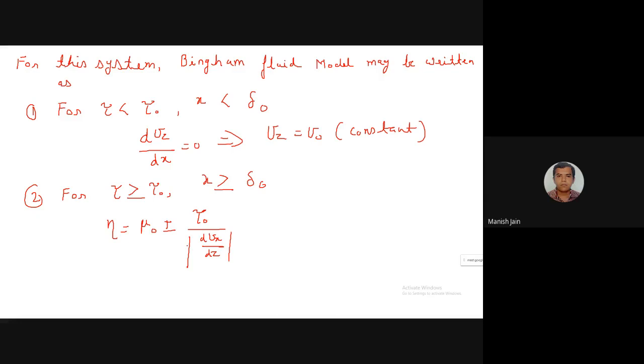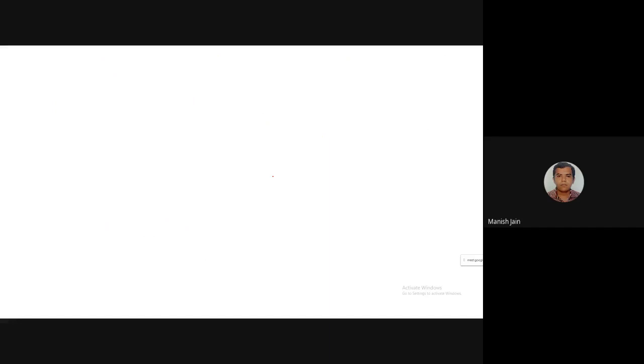Now first you have to determine the value of delta naught, because this is a condition in two phases. So how to calculate the value of delta naught? That is also called the critical thickness. At tau xz equal to tau naught, x equal to delta naught. So from equation number 1, you can calculate the value of delta naught.